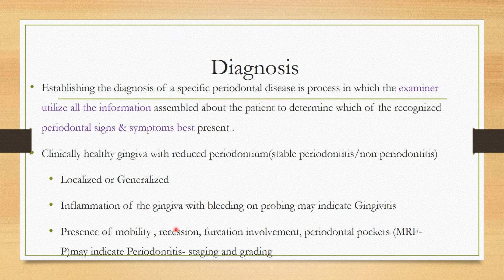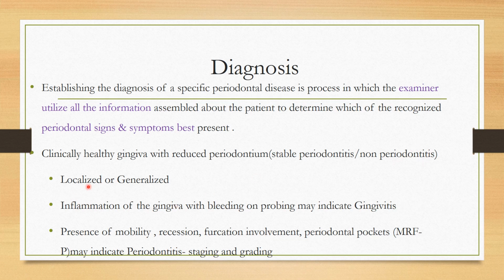Coming to the diagnosis, establishing the diagnosis of periodontitis is a process in which the examiner utilizes all the information that we have assembled, evaluates it, and comes to the diagnosis. There are different diagnostic patterns: clinically healthy gingiva with reduced periodontium, which can be due to successful treatment leading to stable periodontitis, or non-periodontitis conditions like cervical abrasion and crown lengthening.